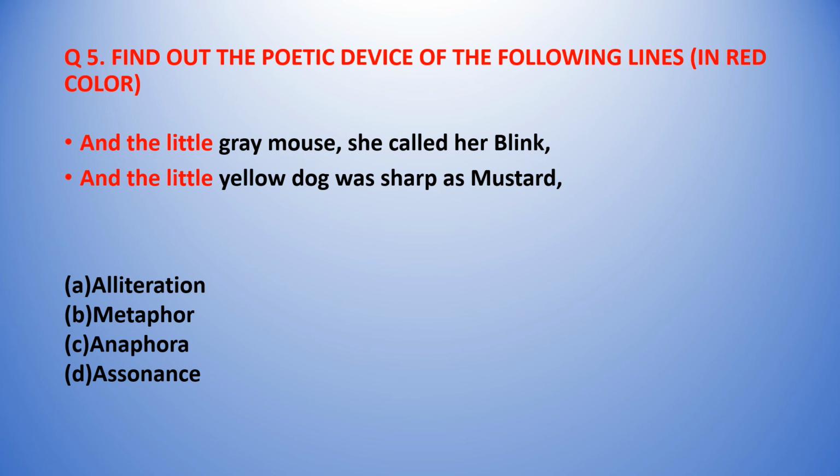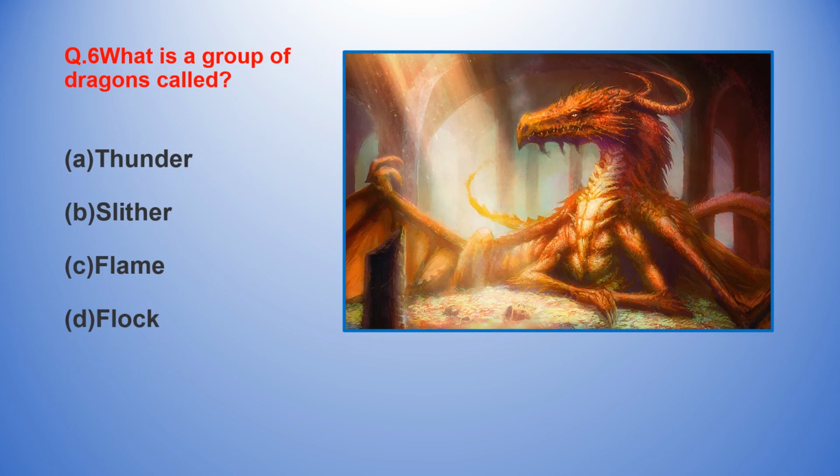The options are alliteration, metaphor, anaphora, and assonance. The correct answer is anaphora. Next question. What is a group of dragons called? Options are thunder, slither, flame, flock. And the correct answer is thunder.